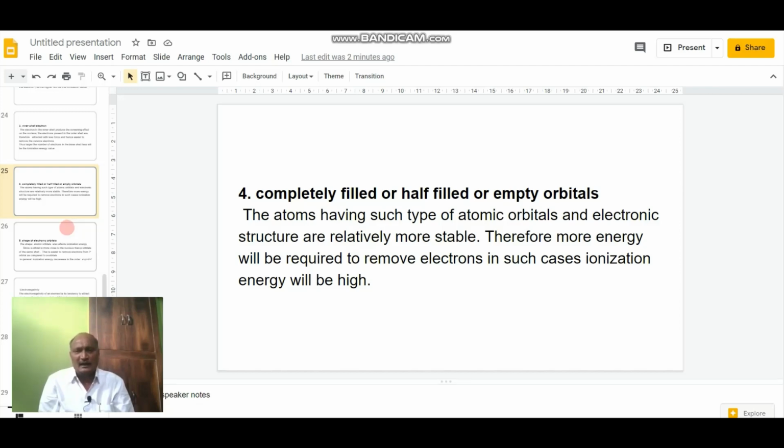Hence, in such cases, the ionization energy required will be very high.